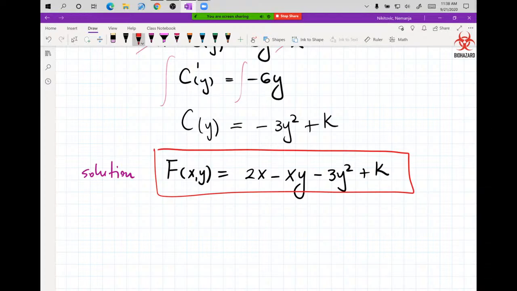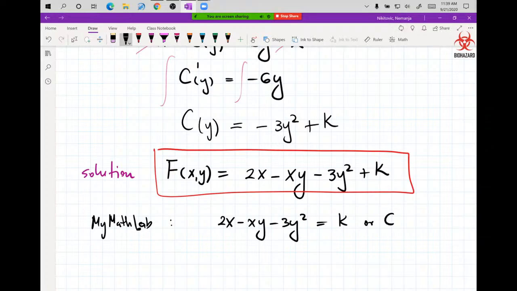Now, MyMATLAB might be taking the answer as 2x minus xy minus 3y squared equals k or c, whatever.